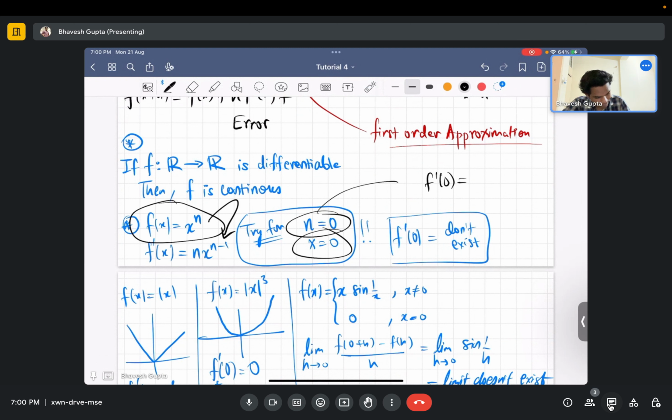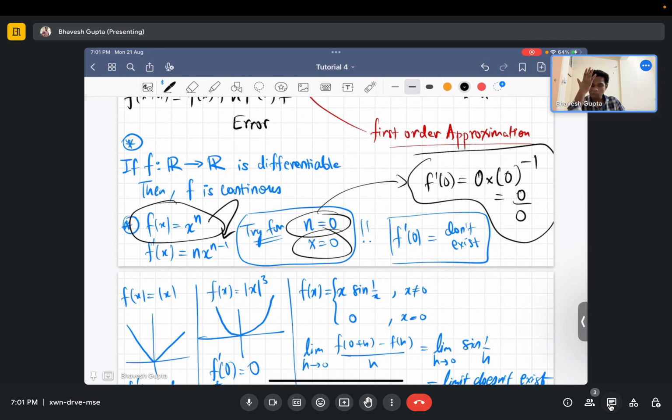For these parameters, you see that this is n times 0 power minus 1, which turns out to be 0 by 0. It doesn't exist, right? So you need to be very careful how you are defining. And there are indeterminate forms again, many possibilities. So you need to be very careful while defining your parameters here.